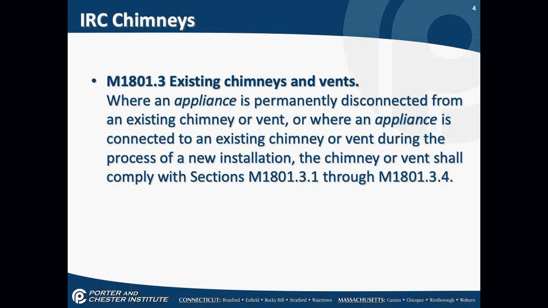When an appliance is permanently disconnected from an existing chimney or vent, or where the appliance is connected to an existing chimney or vent, it has to comply with different sections in the code. This is all about code. The M stands for mechanical code, which is what we're working with, mechanical systems.